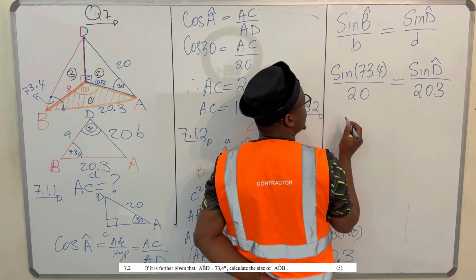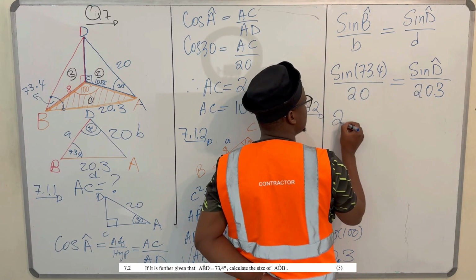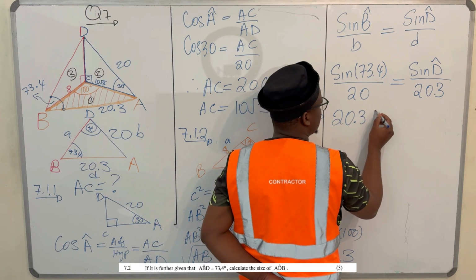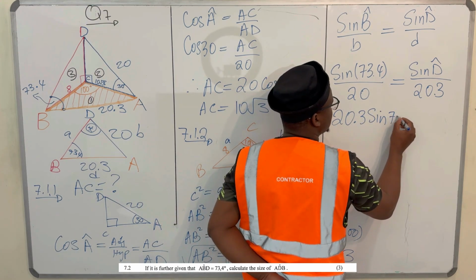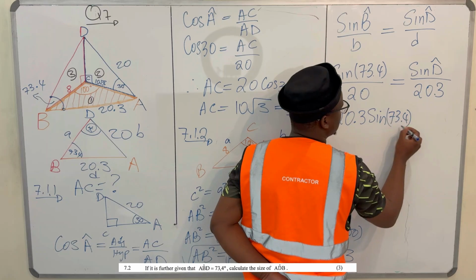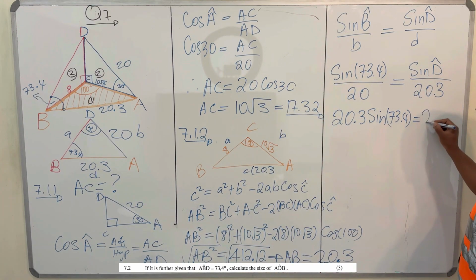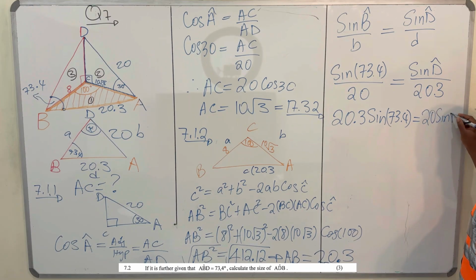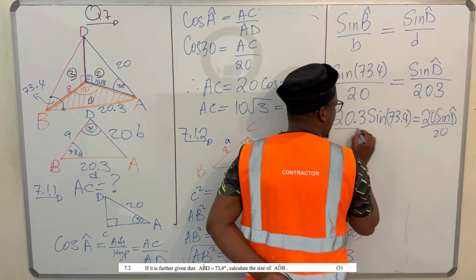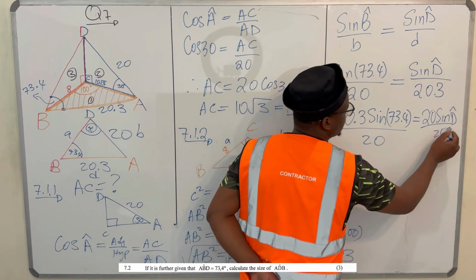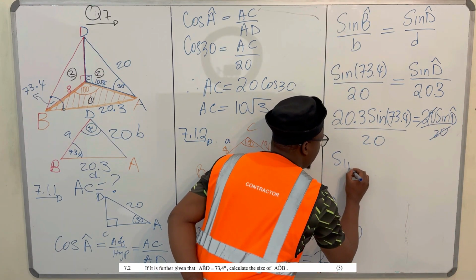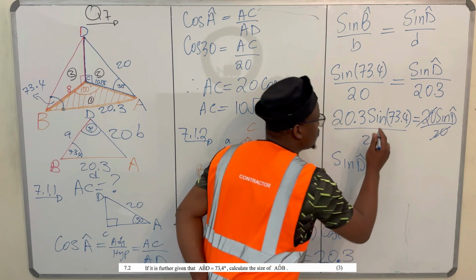At the end, you will say this times this, so it will be 20.3 sine 73.4 is equal to 20 sine angle D. Then we divide by 20, so this and that go away. You get that sine of angle D is equal to the answer to that.